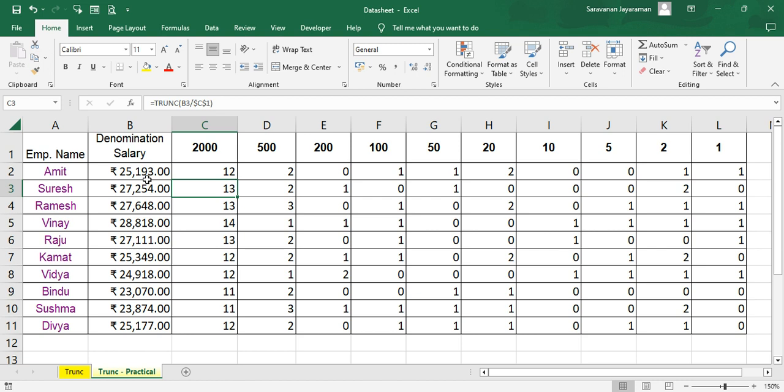Assume that we pay salary only by cash, and we have 2000 rupee bundles, 500, 200, 100, 50, 20, 10, and 5 rupees, 2 rupees and 1 rupee coins. We have to give in the best denominations, that means the higher denominations first, then whatever change is left. So how best can we give it? Now let's see.